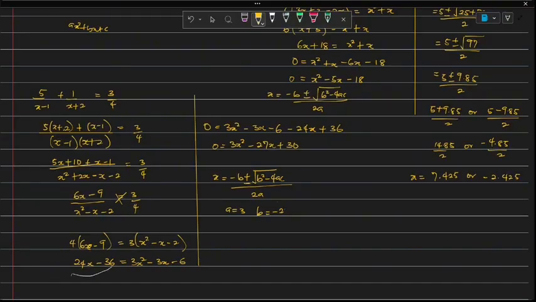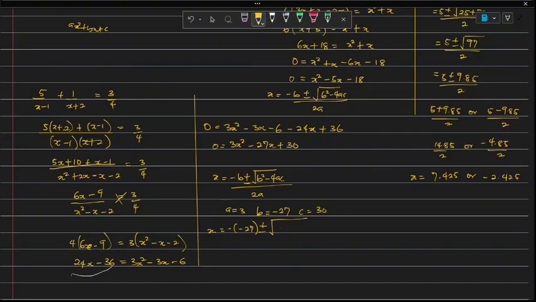Our b is minus 27 and our c is 30. So I'm going to be having x is equals to minus 27 plus or minus the square root of, well, minus 27 squared is, let's calculate it with a calculator.